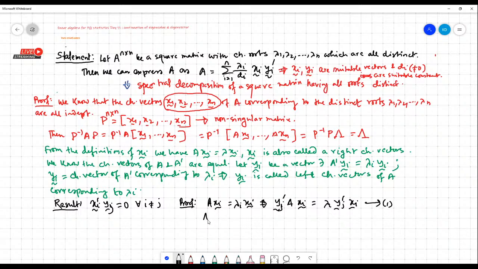Similarly for A prime yj curl. Of course, you state this result as: if A is a symmetric matrix, then xi curl prime yj curl equal to 0 for all I not equal to j.